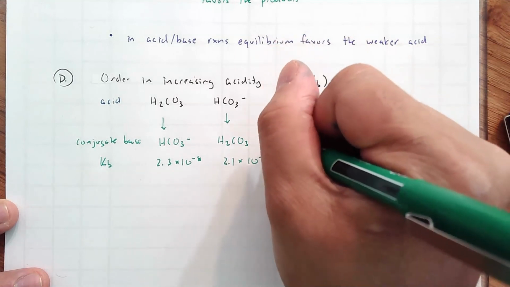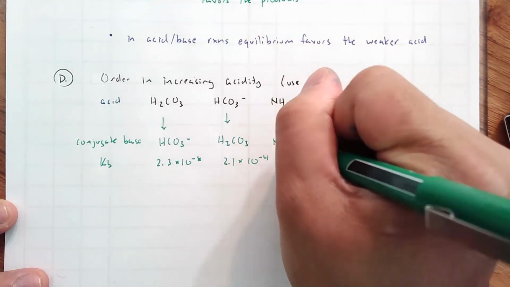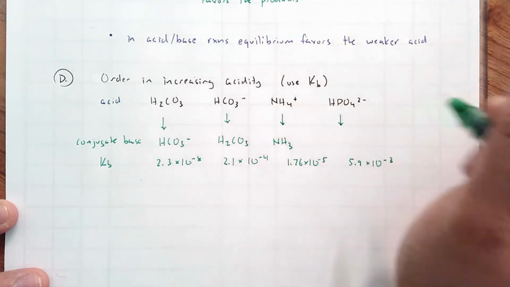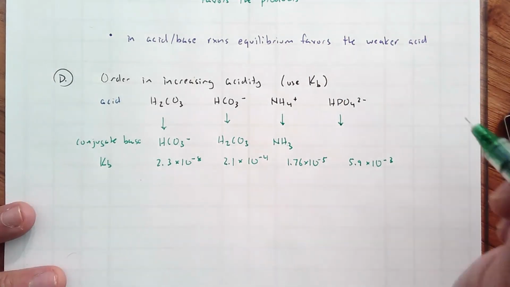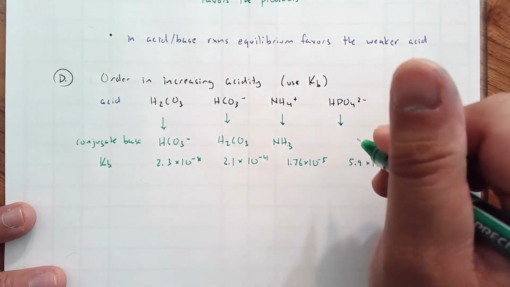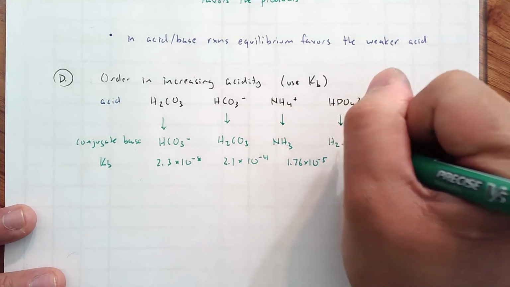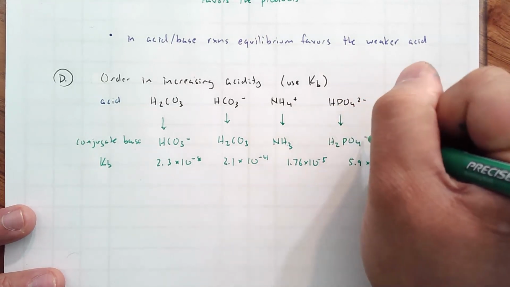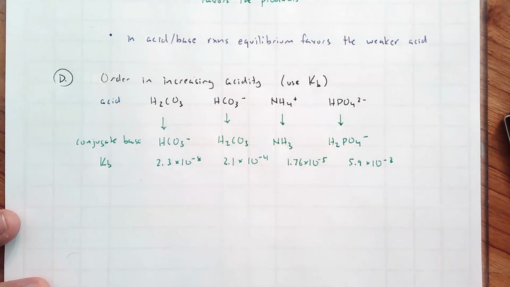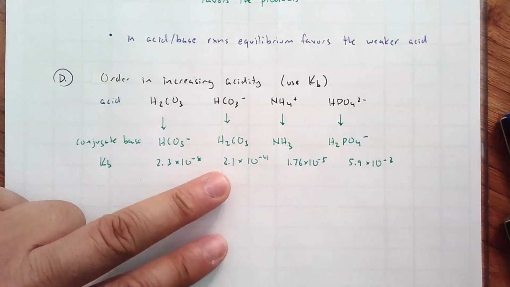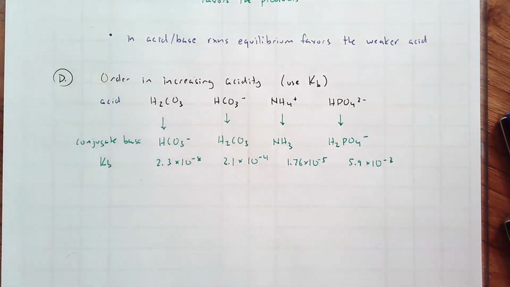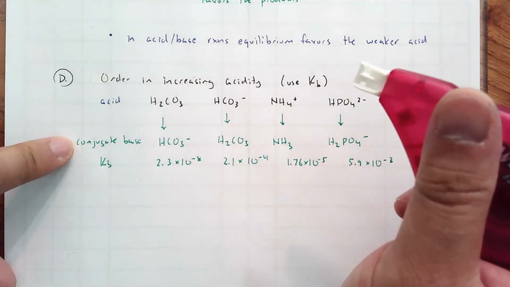NH4 plus loses a proton and goes back to neutral, and HPO4 2 minus gains a proton to become H2PO4 minus. Did I do that right? I did not do that right for some of these. Hopefully you did this ahead of time and also caught my mistakes. We've got to draw the conjugate bases.